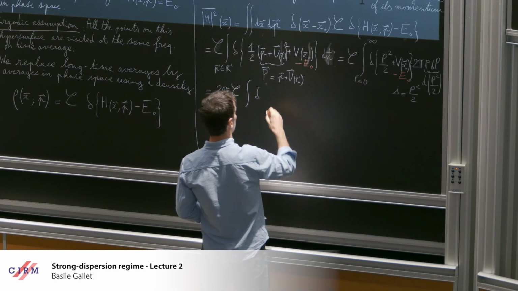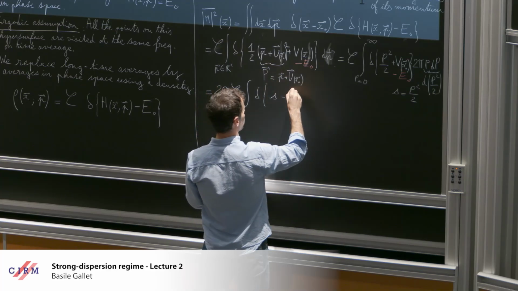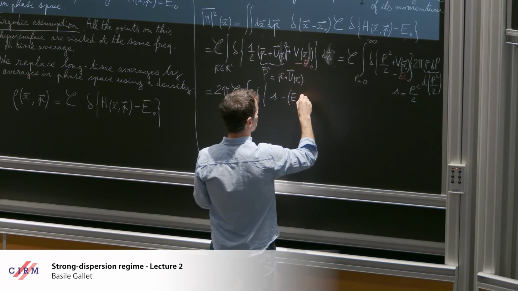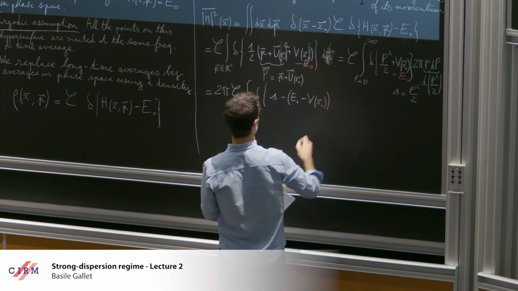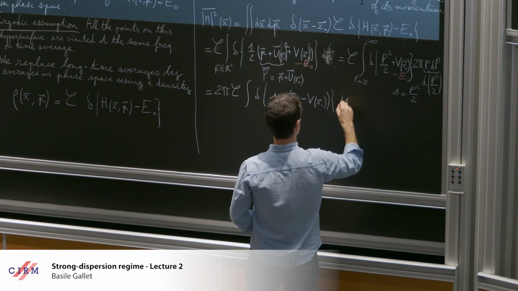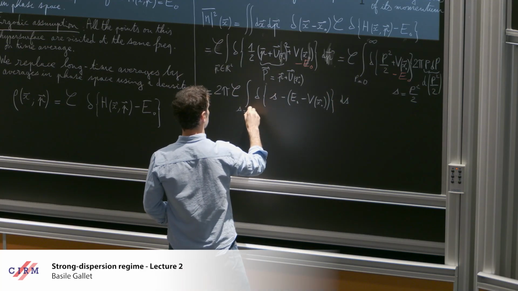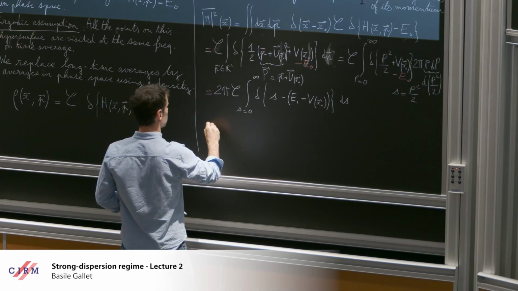Okay, so delta of S plus V of x0 minus E0, dS, and S goes from 0 to infinity. Okay.